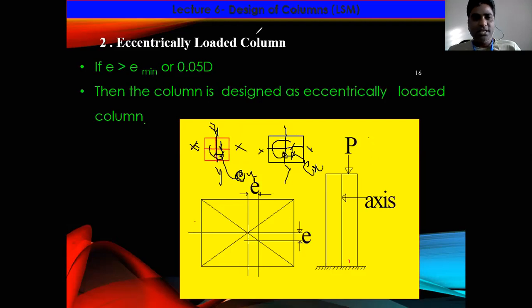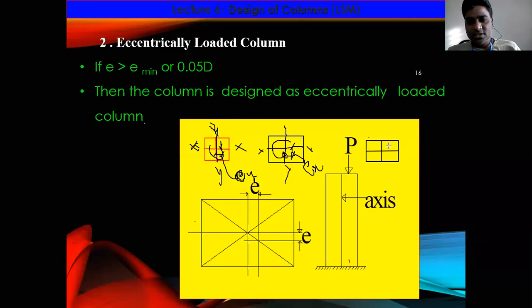And what is meant by biaxial? A biaxially loaded column means, let us say, suppose this is your column, and if you see in plan, this is your x-axis, this is your y-axis. Biaxial means the load is eccentrically loaded with respect to both the axes.